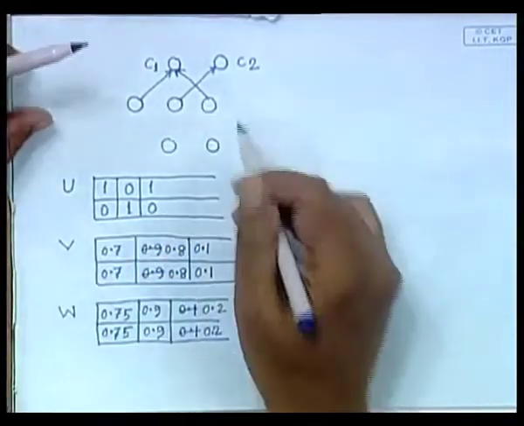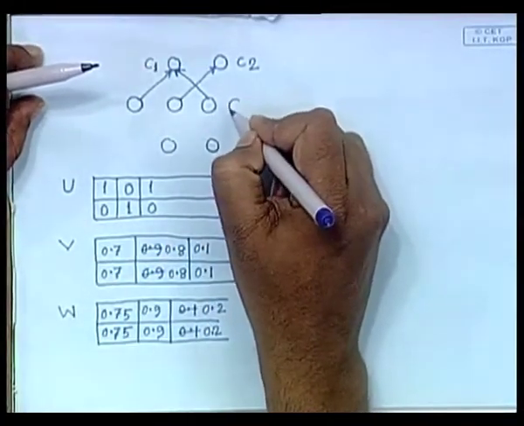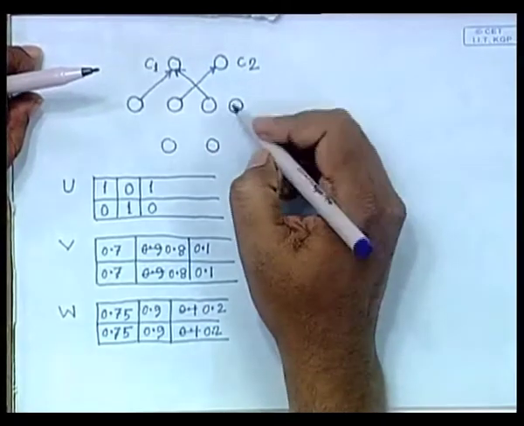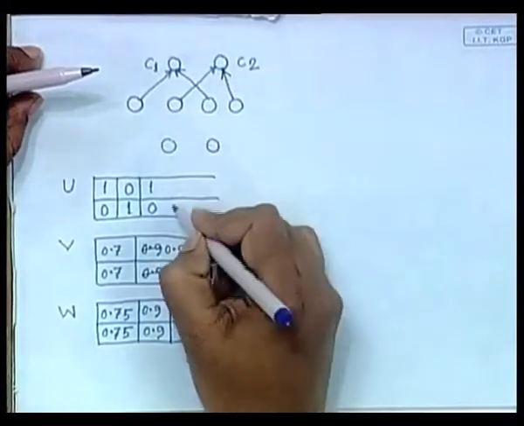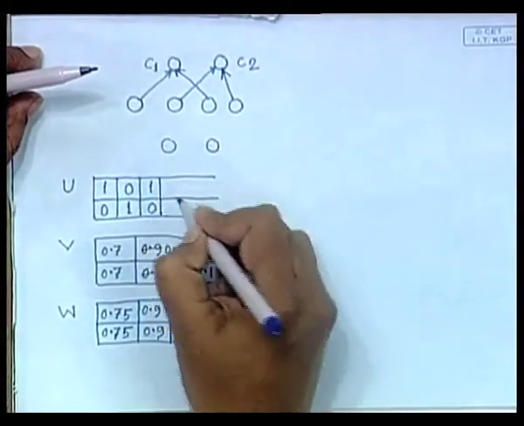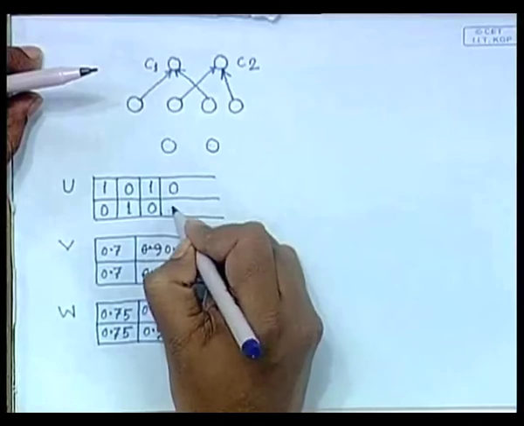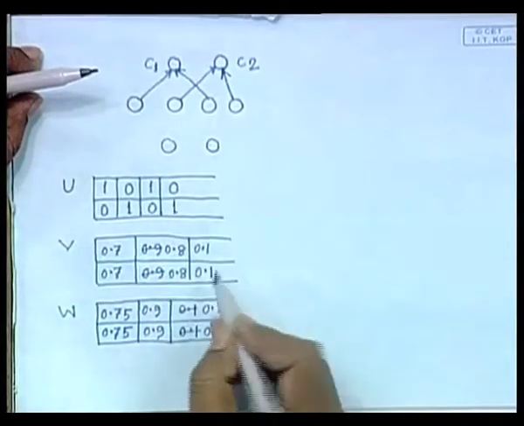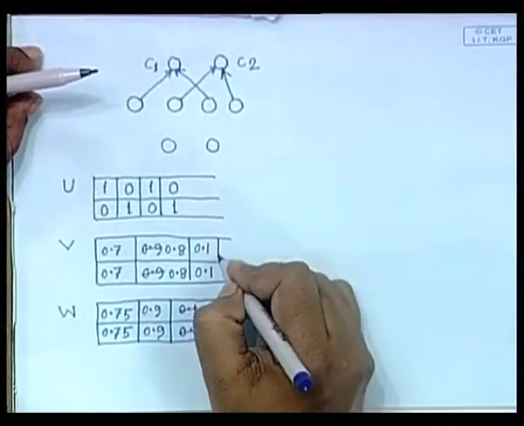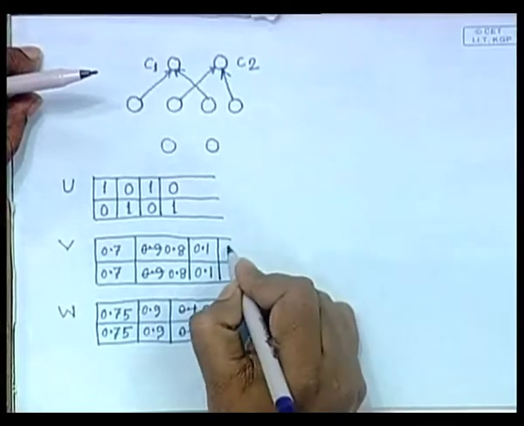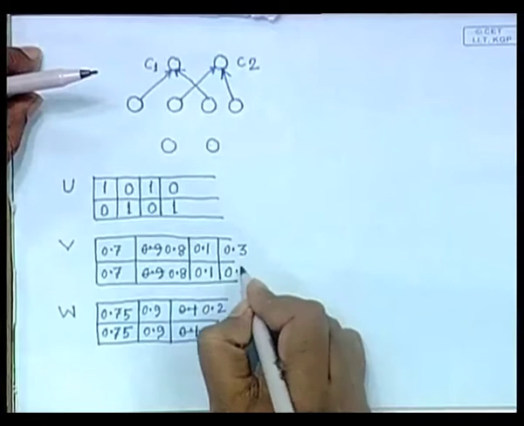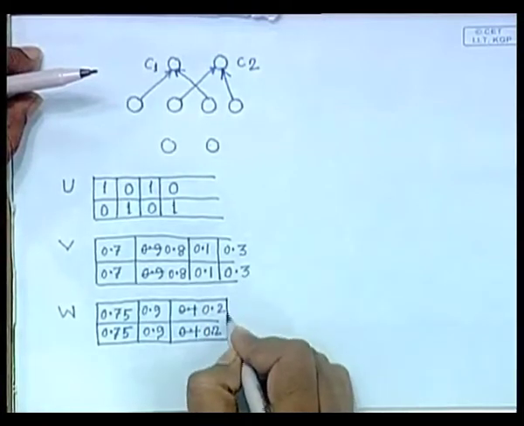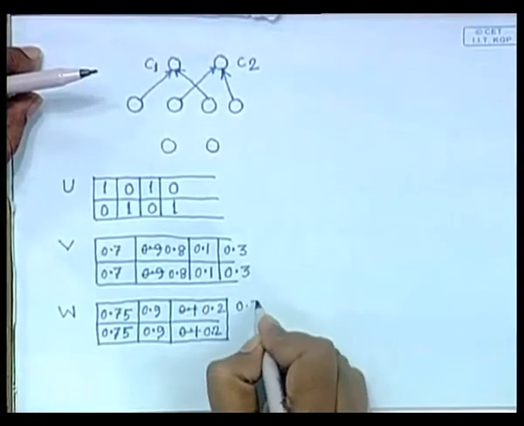So, I have to add a neuron over here, and this belongs to class C2. So, I have to make an entry in the U matrix, which is 0, 1, and for this one I have to enter the mean point and max point, and this being a point hyperbox, both of them will be 0.3 and 0.3.